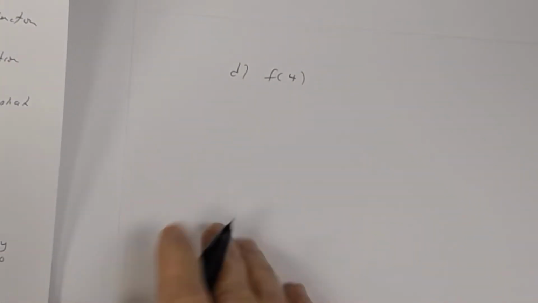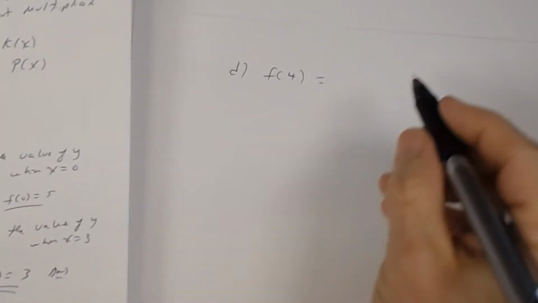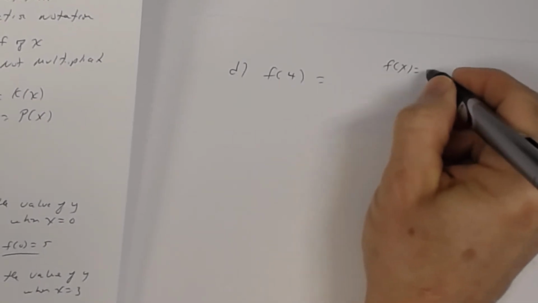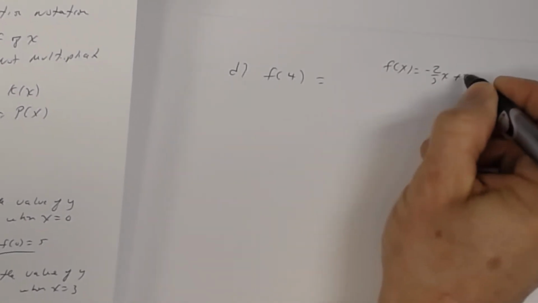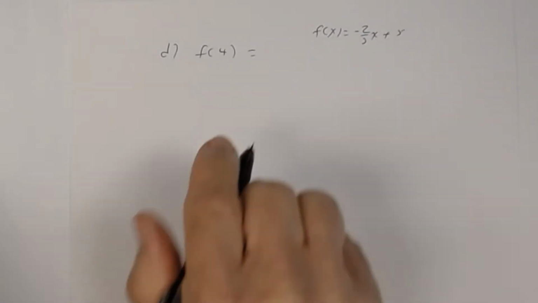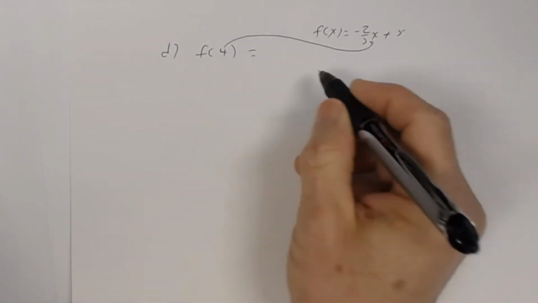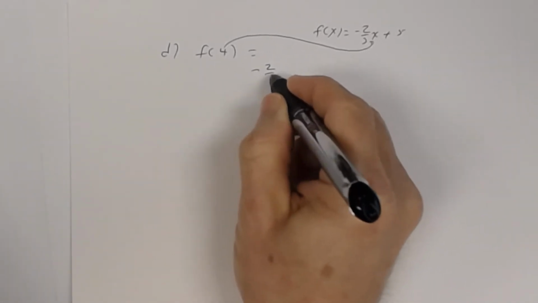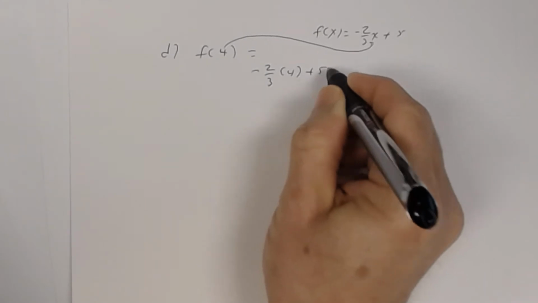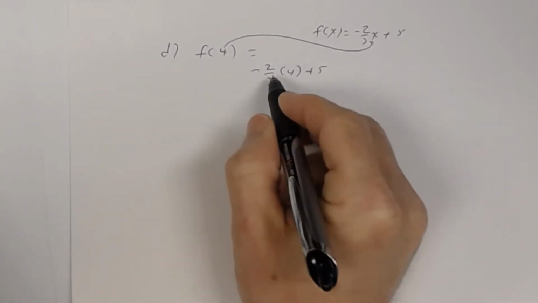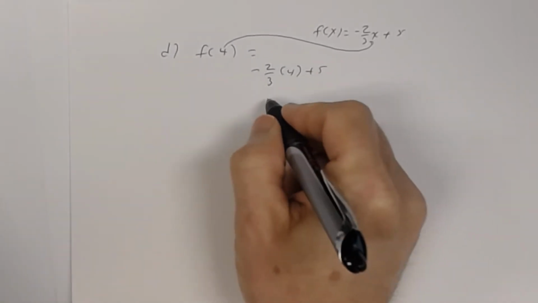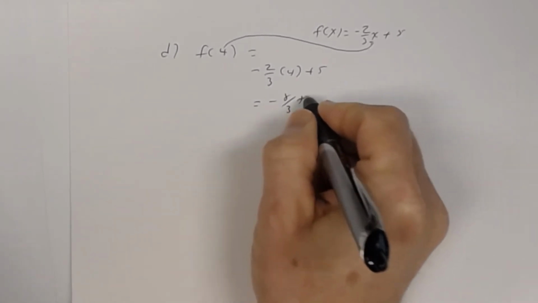Remember this was our function, f of x equals negative 2/3 x plus 5. Where we see the variable x, I'm going to substitute 4. So I get negative 2/3 times 4 plus 5. Now, it cannot reduce, but negative 2 times 4 is negative 8, so I get negative 8/3 plus 5.